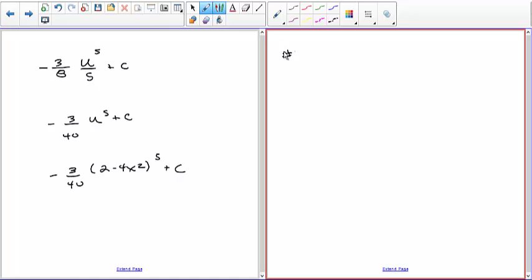Okay, number 3. Similar kind of thing, except you've got a square root involved and it's in the denominator. Again, we can't just do a simple polynomial integration.